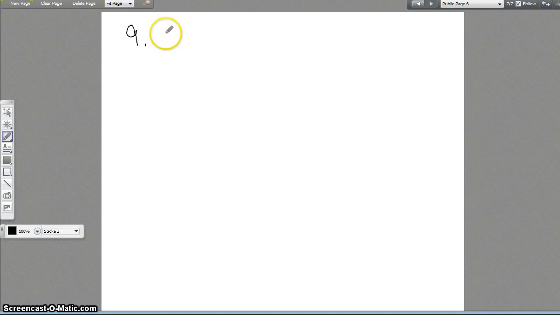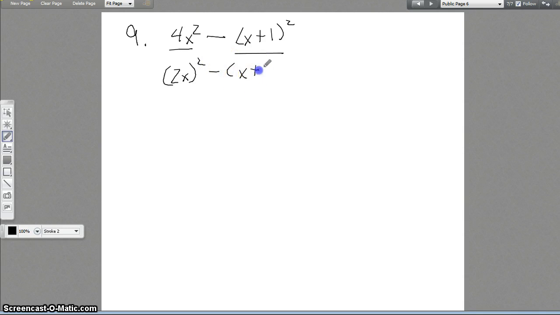So the example that's given for this is, what if you have 4x squared minus x plus 1 squared? Well, this is a square and this is a square. How can we write 4x squared as a square? That would be 2x quantity squared minus x plus 1 quantity squared.